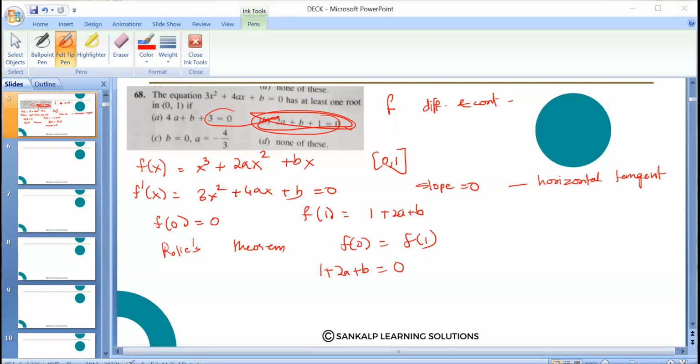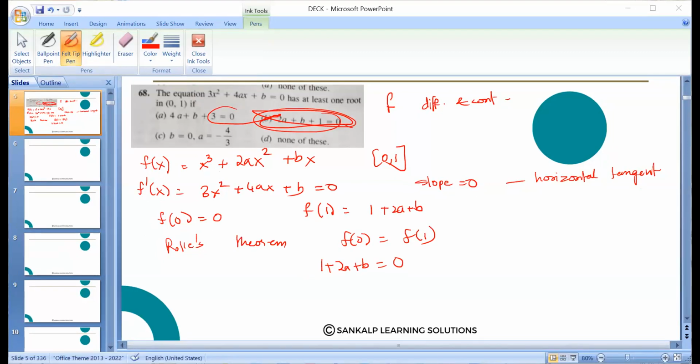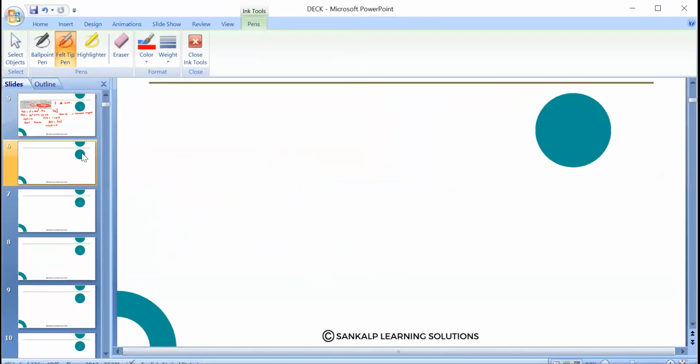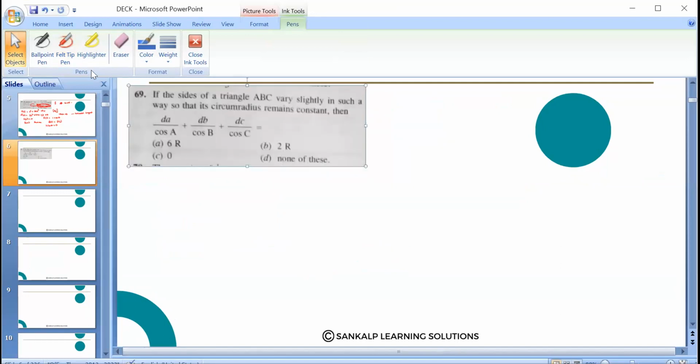Next is 69. If the sides of a triangle ABC vary slightly in such a way that circumradius remains constant, circumradius R is constant.